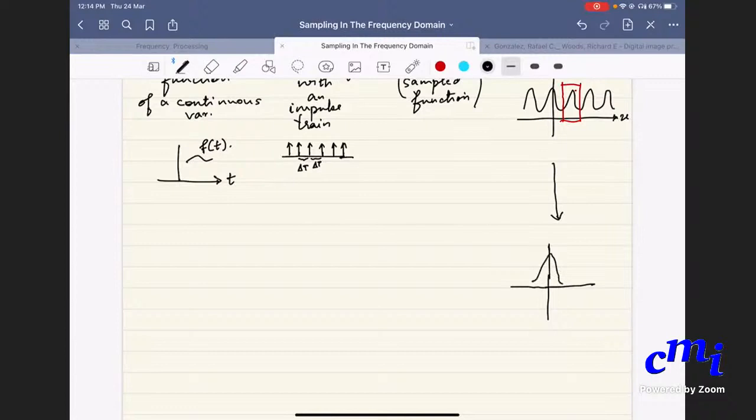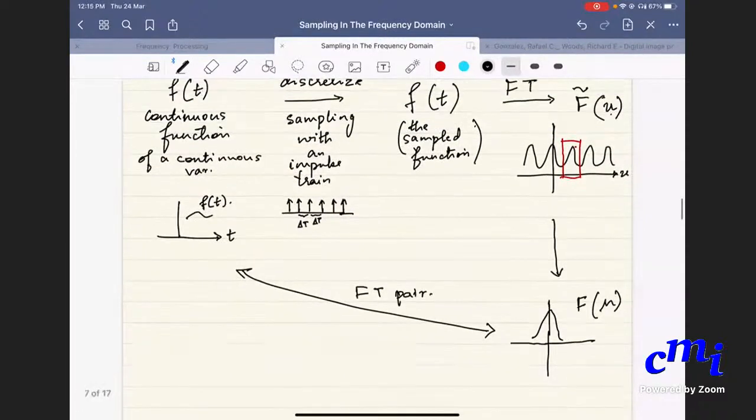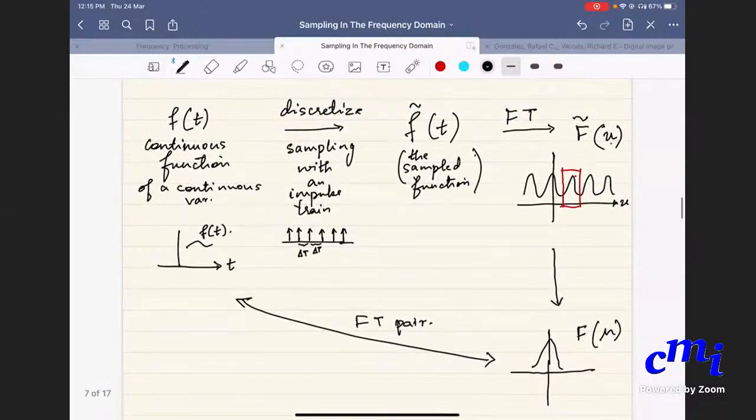Something like this. This will turn out to be a function which is the Fourier transform of the original function. So this is an FT pair. We can show all this using the definition of the Fourier transform and via this convolution operation with the sampling function. So all this we can show, but this is the idea.